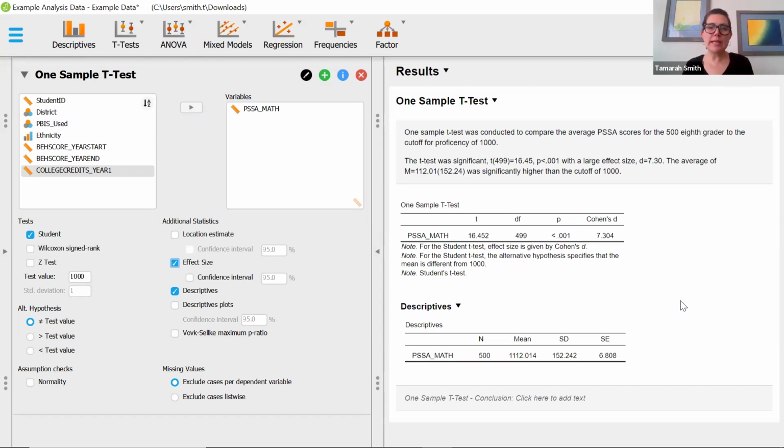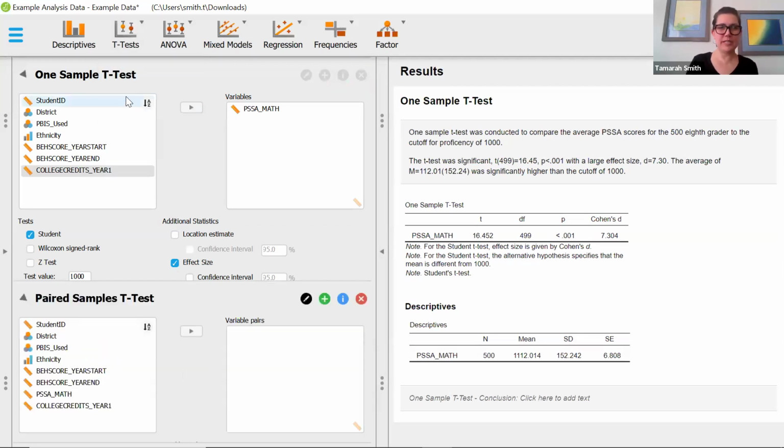So this is a quick and easy test to show us that the average PSSA score, this one score for this one sample, is different than this cutoff score. And we put the cutoff score over here. They call it the test value to give us that comparison. Easy peasy.